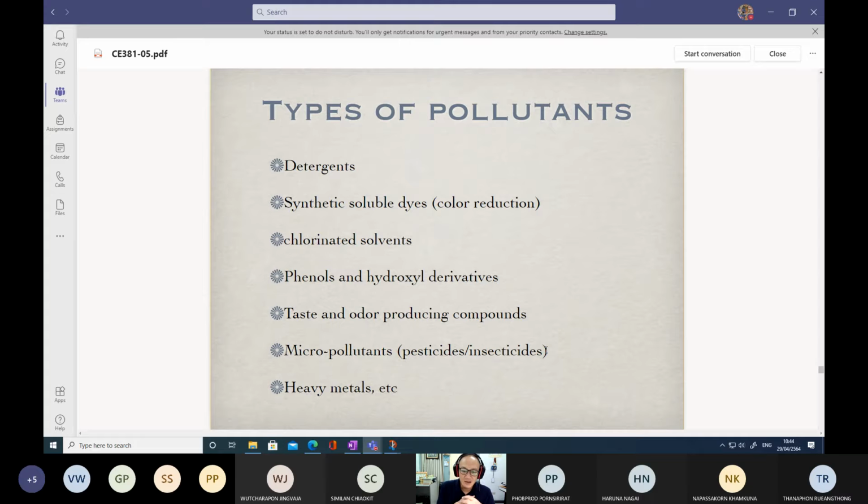Some correlated solvents like pesticides, conventional processes may not be able to remove, but adsorption can actually completely remove this one. Phenolic compounds, taste and odor producing compounds, micropollutants, or any pollutants that exist in nanograms or in micrograms.